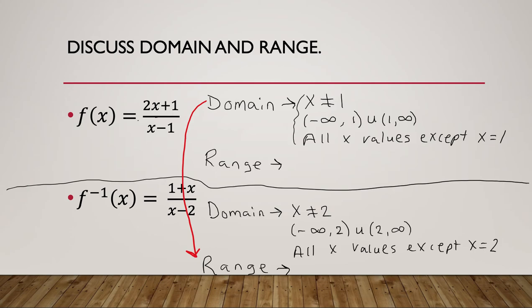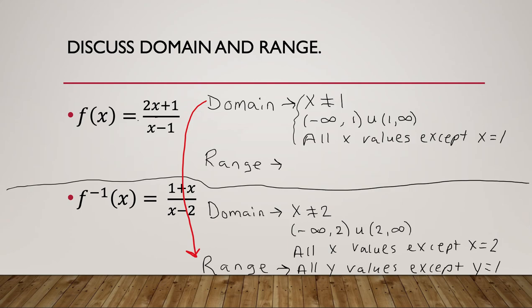I'm not going to write it all down. I'm just going to write the last method, but again, you can use any method that you want. Now, I am going to change it to a y instead of an x. So I'm going to say all y values except y is equal to 1.